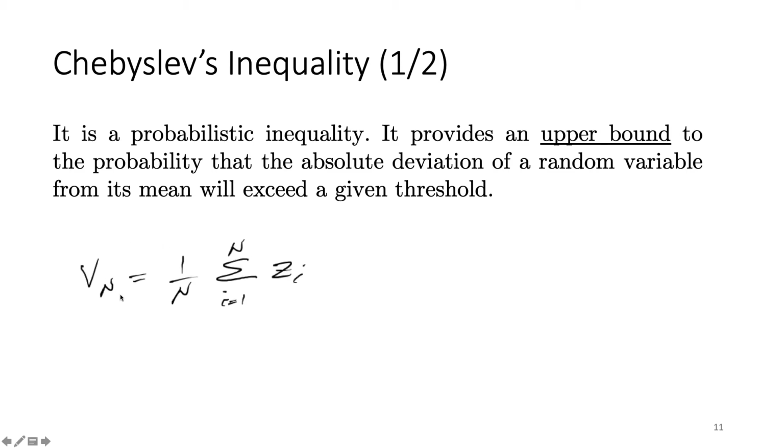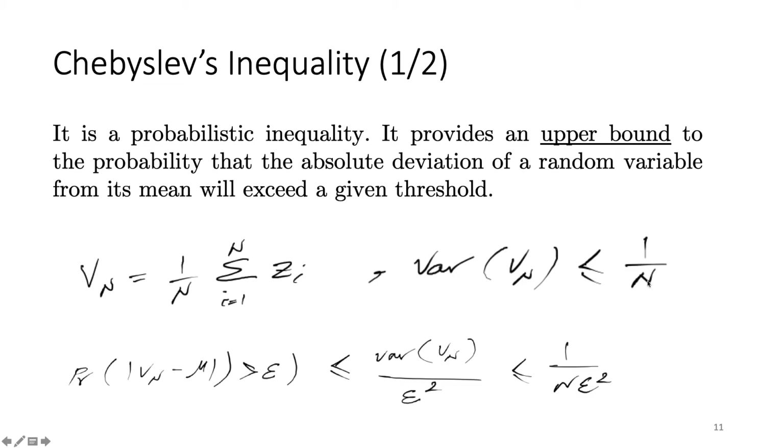So the random variable Vn, we can compute it as the summation of all those Bernoulli draws, right? The outcomes 0 and 1s divided by n, with a variance that is smaller than 1 over n. We mentioned it two slides ago. So we can assume that the probability that this Vn minus mu is bigger than that epsilon, that difference, is always going to be smaller than the variance of Vn divided by epsilon squared. And that itself is equal to, using this, 1 over n epsilon squared.